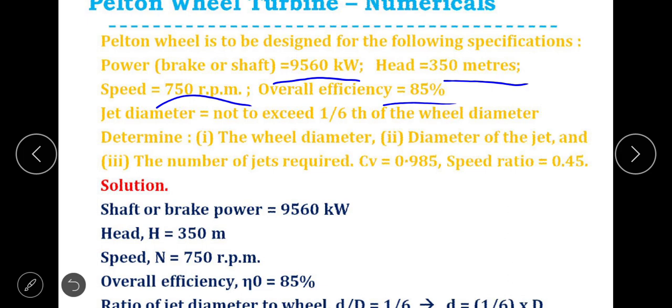Jet diameter is not to exceed 1/6 of the wheel diameter. This is the condition.